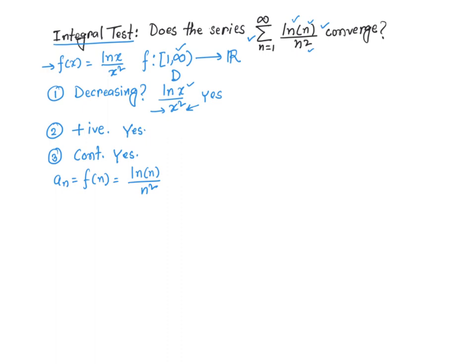So let's find out what happens when we integrate over the domain. It goes from 1 to infinity of ln of x over x squared dx, which I could write as the limit as t approaches infinity of the integral from 1 to t of ln of x over x squared dx.